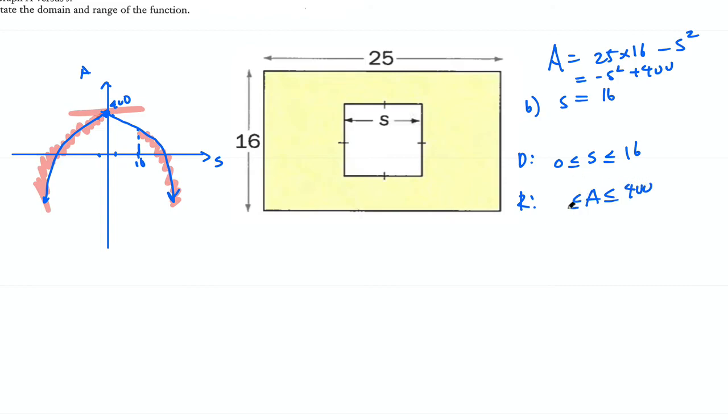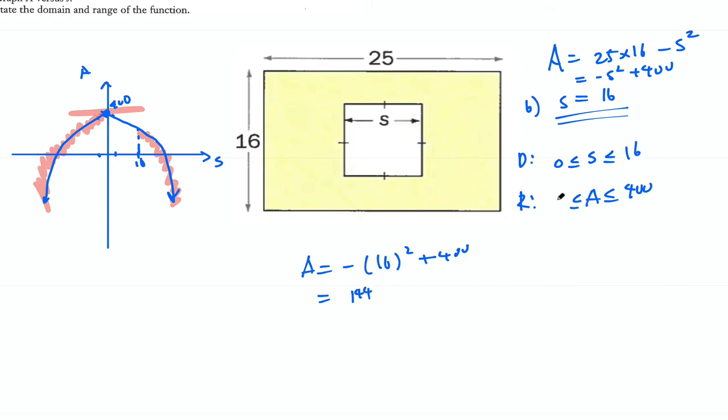But what's the smallest? Intuitively, we can't have a negative area, but if you go back to question B, it says that the largest value of s that we can have is 16. So the smallest value of the area happens when I plug in 16 back into the area equation. If that's the case, I end up with 144.